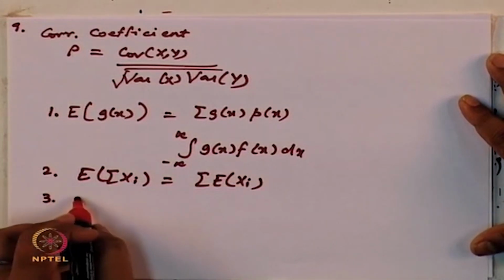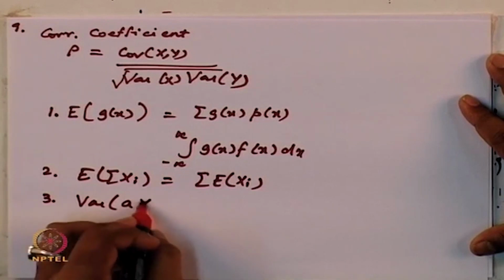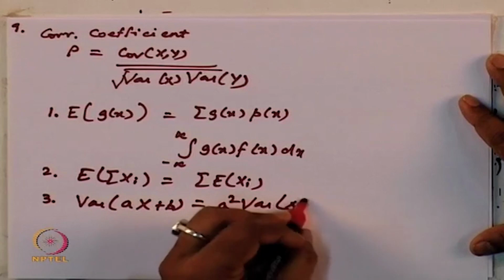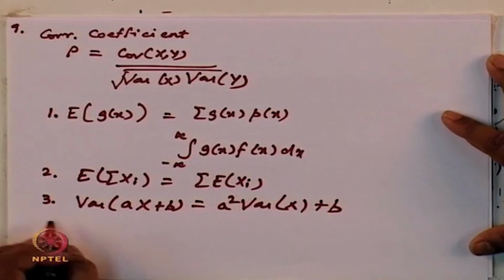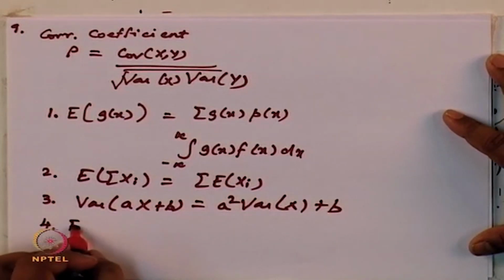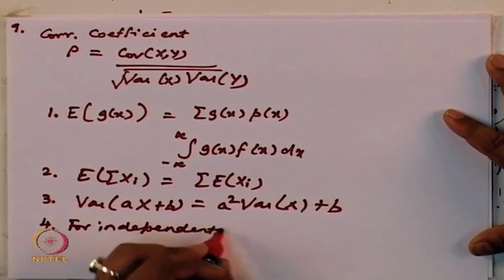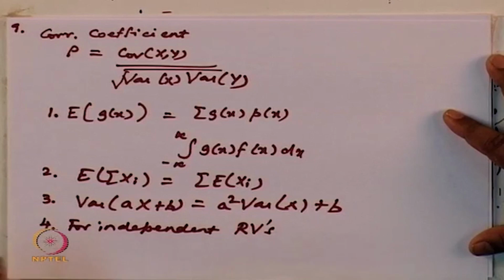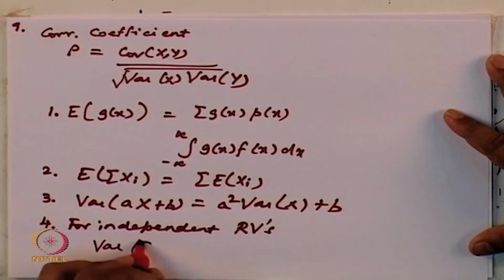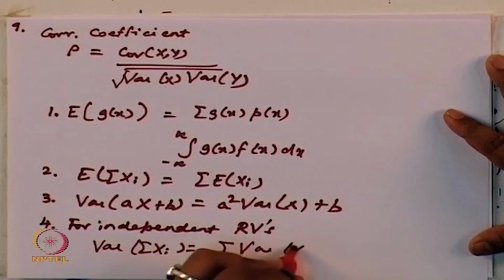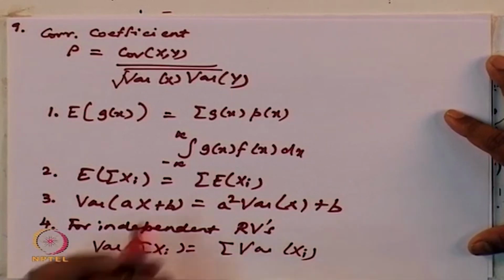You can write variance of ax plus b as a square variance of x. Okay. For independent random variables, you can have variance of summation xi equal to summation variance of xi.